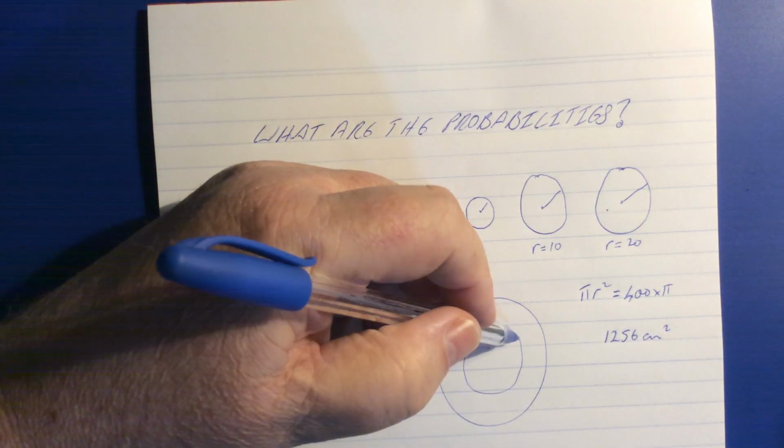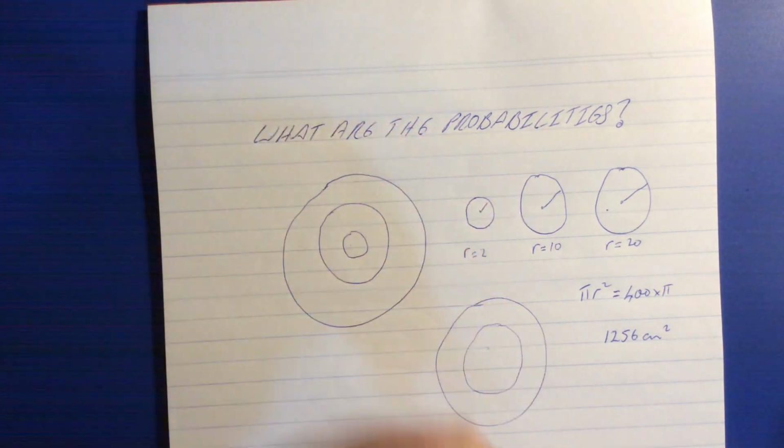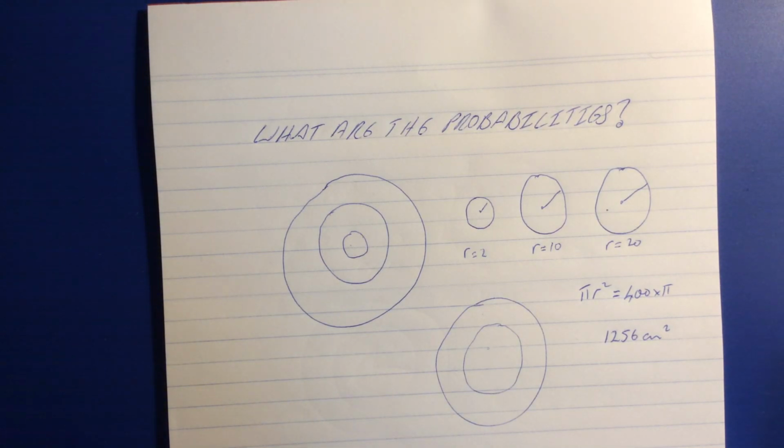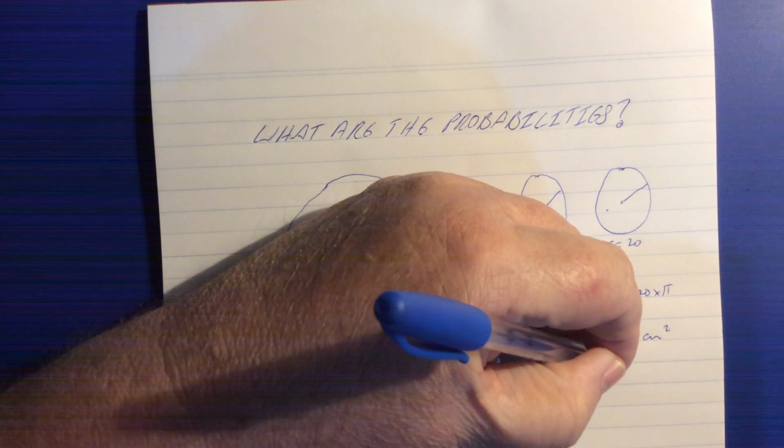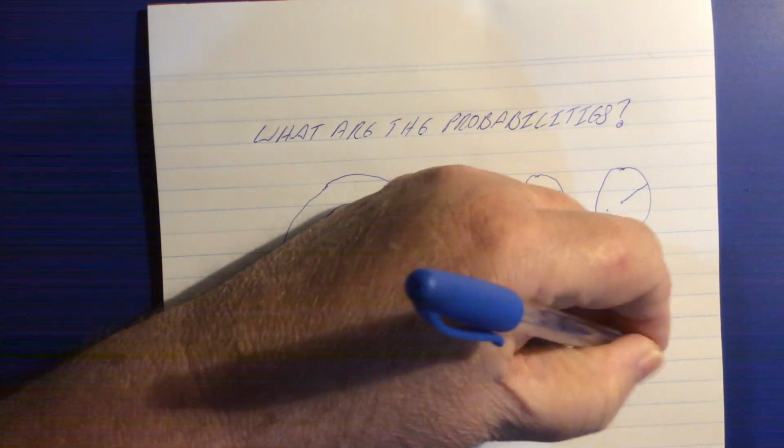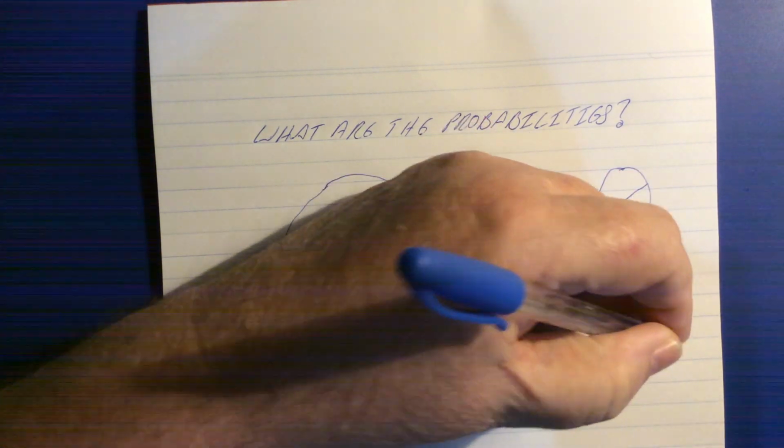The smaller circle has a radius of 10, so that is going to be 10 times 10 times pi, which is pretty easy. There we are. Again, we'll say 314 centimeters squared.